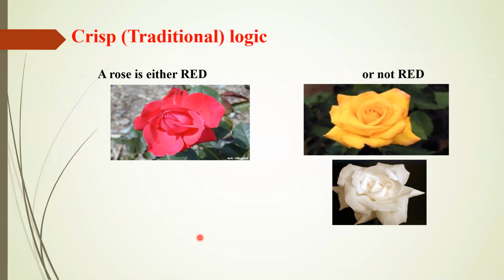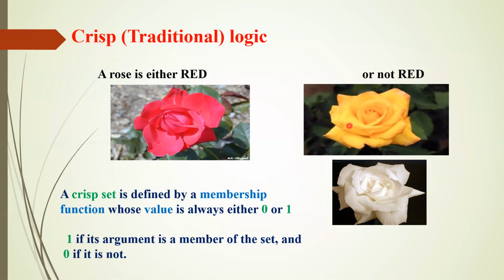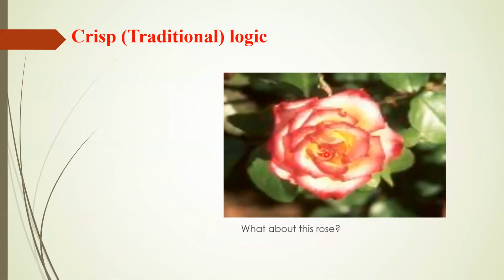Consider these roses. A rose is either red or not red. Here only one rose satisfies the condition, or we can say one rose belongs to the red set and hence its value of membership function is 1, while others do not belong to the red set and their value is 0. So what about this rose? This rose is neither red nor white.